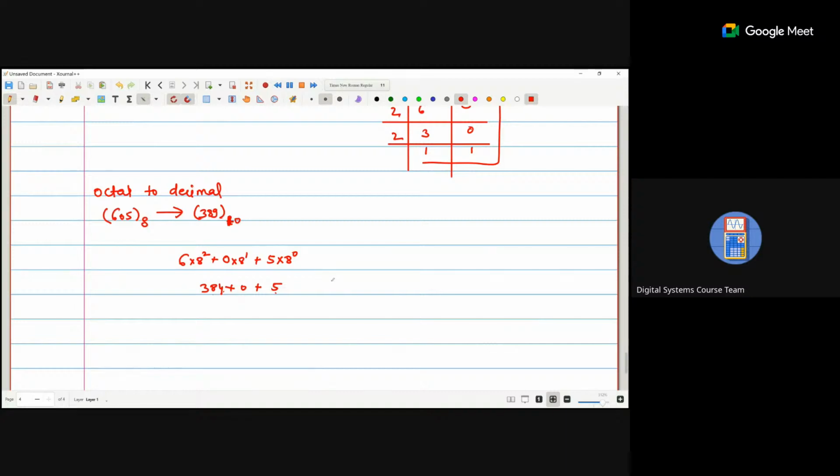Again, there is a different way: you can convert octal to binary, then binary to decimal. This is also one way.